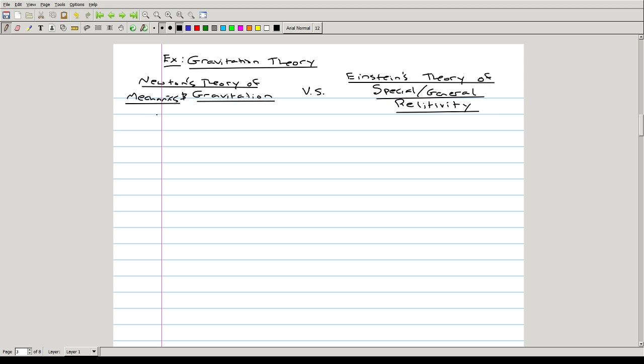Newton developed his theory around 1687, and there is some controversy about whether he discovered parts of the theory and others discovered parts of the theory, like Robert Hooke. But we'll avoid that controversy for now by just saying it's Newton's theory of gravity, and start out by saying this is an extremely successful theory of mechanics and gravitation.